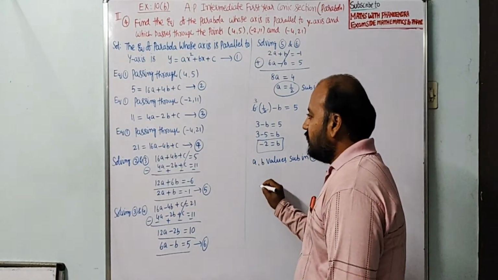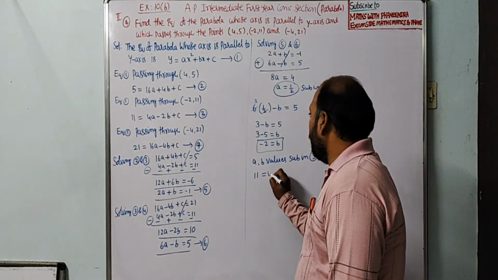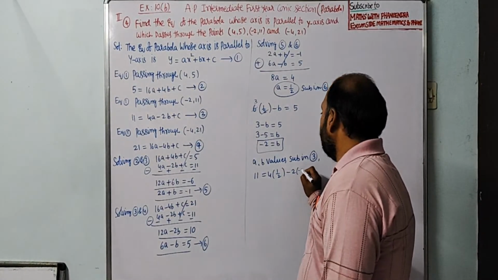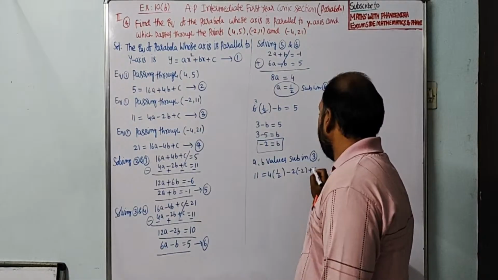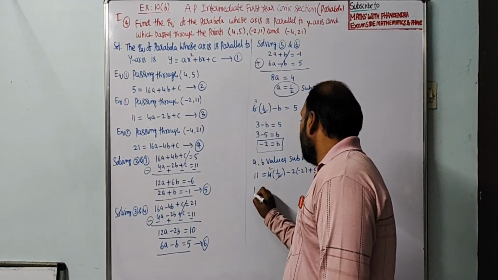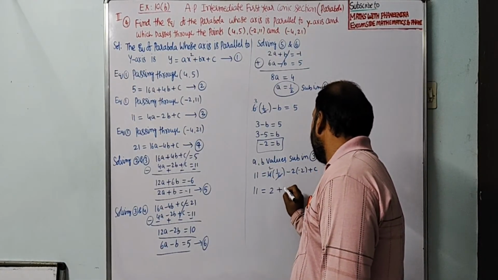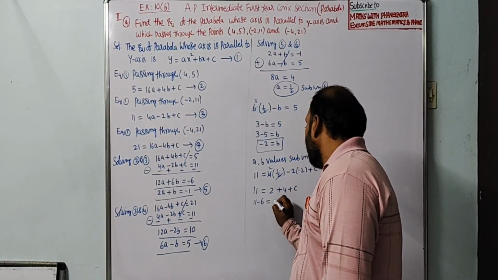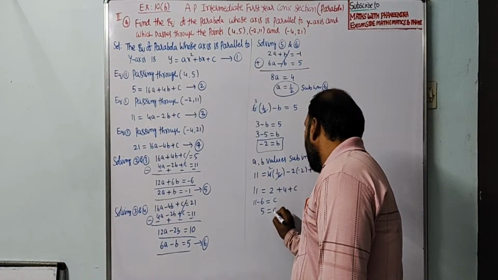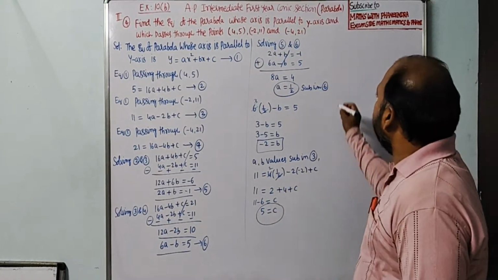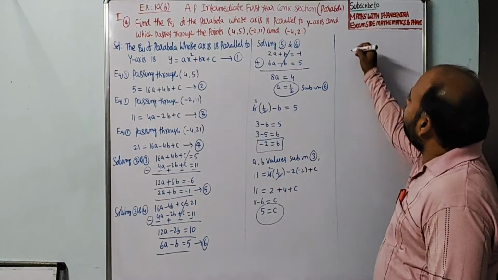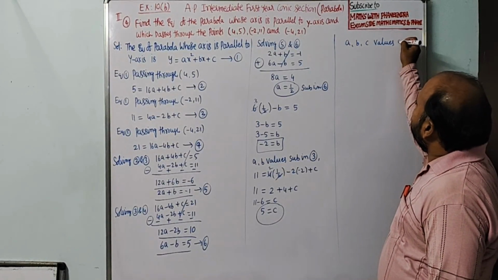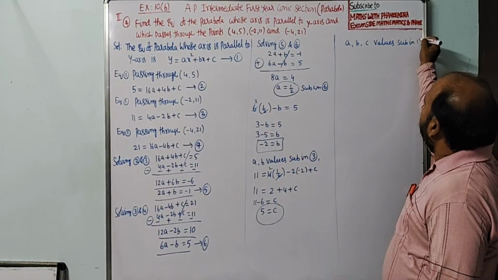We get 11 equal to 4 into 1 by 2 minus 2 into minus 2 plus c. 11 equal to 2 plus 4 plus c. 6 bring to the side. 11 minus 6 equal to c. 5 equal to c. So a, b, c values substitute in equation 1.